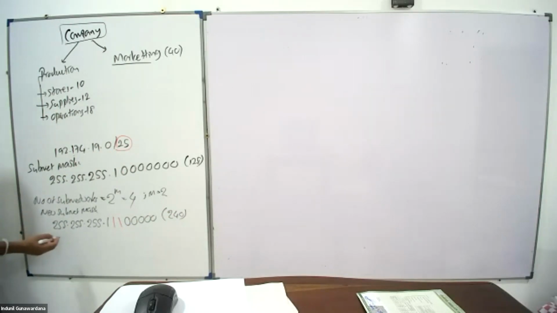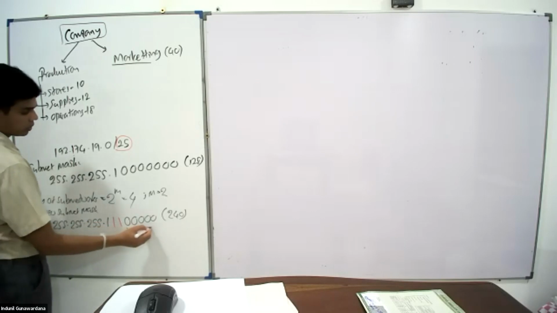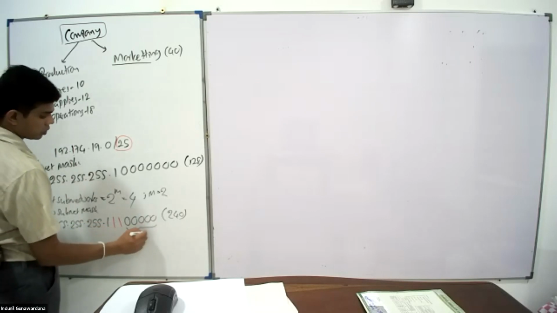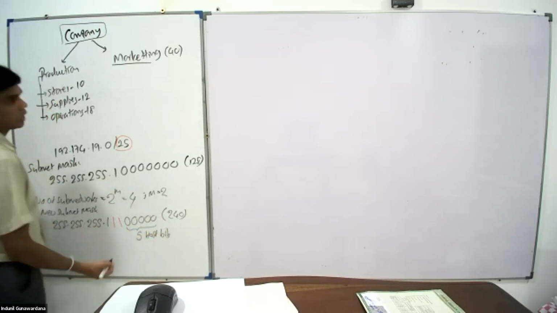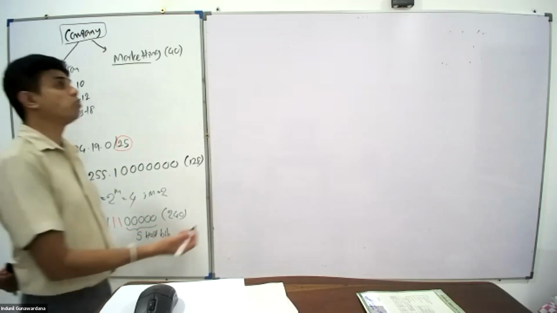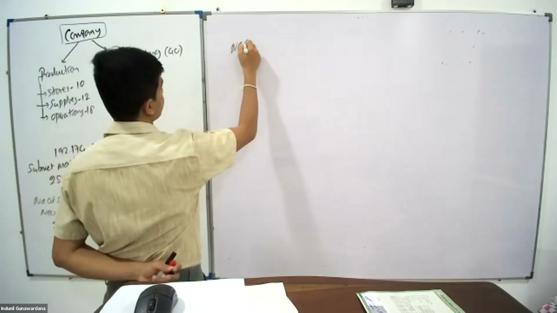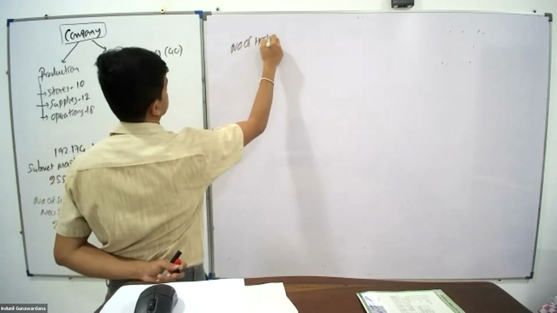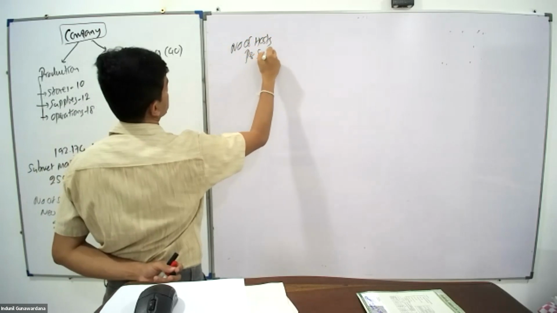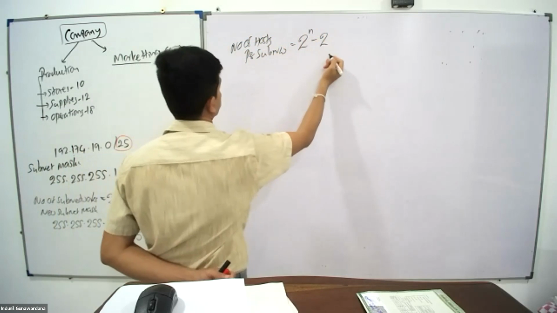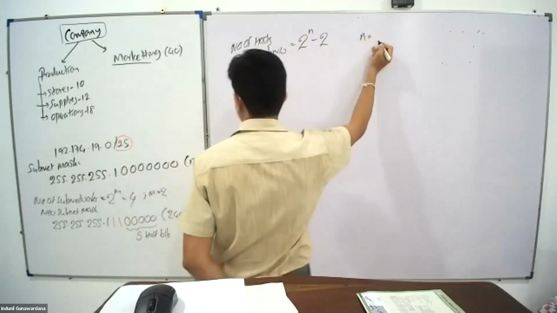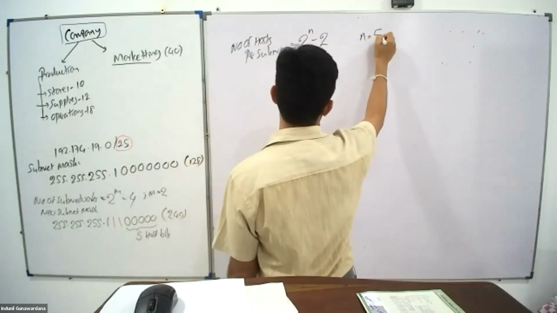Now we have 5 zeros after subnetting, 5 host bits. The number of hosts per subnetwork is going to be 2 to the power n minus 2, where n is the number of host bits, which is 5.